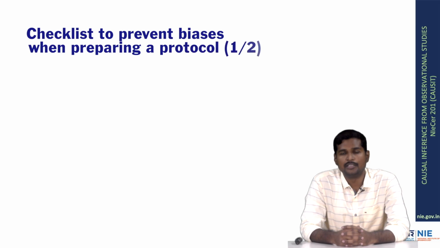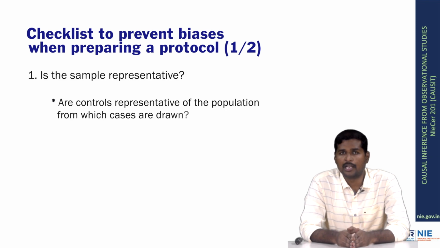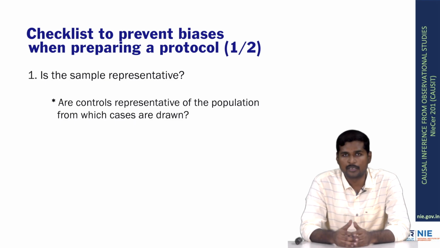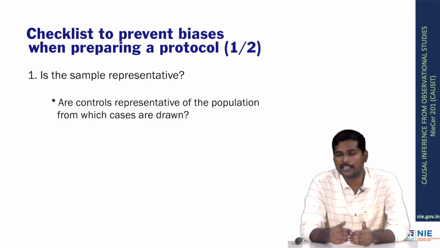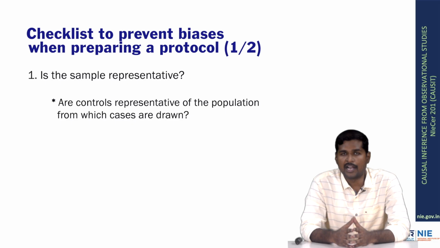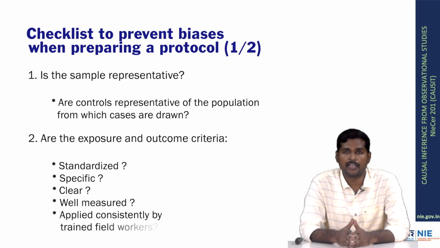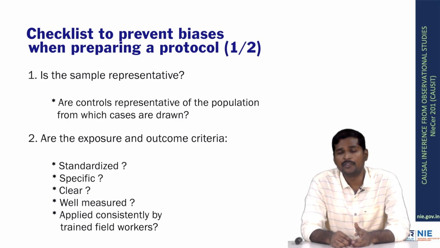Now, let us look at some of the ways in which we can anticipate biases, try to think about biases when we write a protocol, and see how to reduce information bias. So the first question that you will ask is, is the sample representative, which is obviously a question to prevent selection bias. Coming to things that are relevant and specific to information bias, we ask ourselves, are the exposure and outcome criteria standardized? So is there an operational definition or a universally accepted definition that you are going to follow in your study?